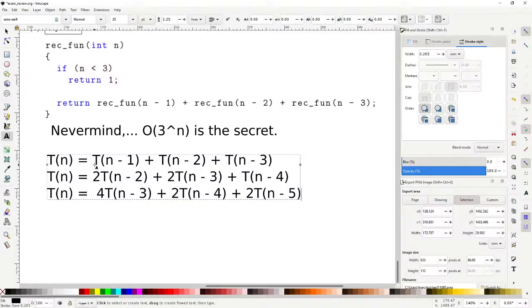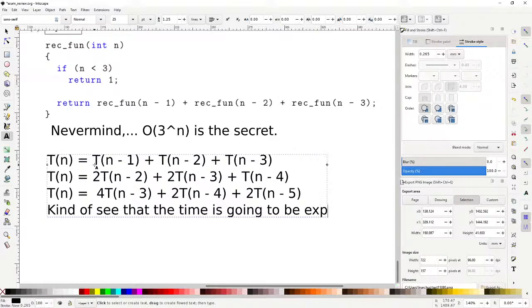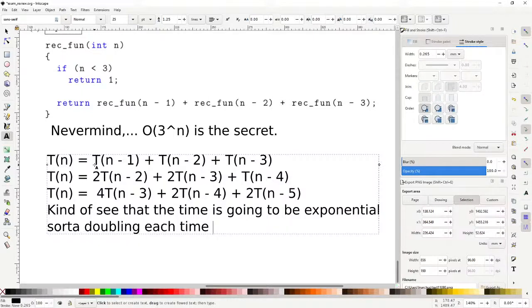In the end, you can see that it's kind of doubling, so the time is going to be exponential because it's sort of doubling each time you do this trick. But the problem is there's 3 of them, so it's going to end up being O of 3 to the n at the end.